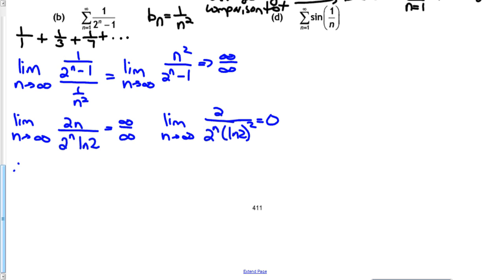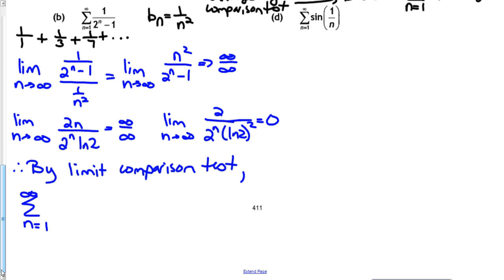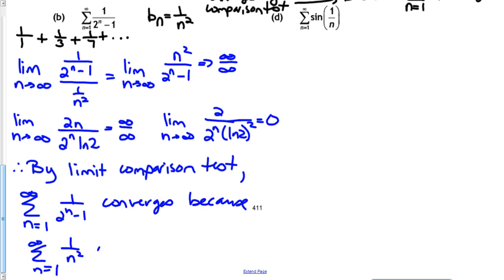So by limit comparison test, my summation that I was evaluating is going to converge because the sum of the one I compared it to, which is 1 over n squared, converges. Now we need to say why. It's a p-series, and p is greater than 1. So that is example B.